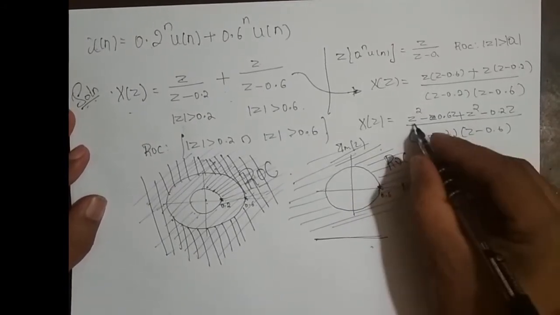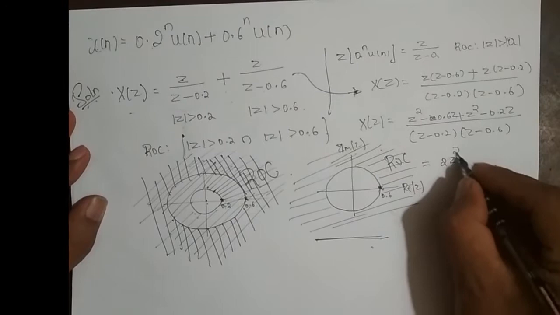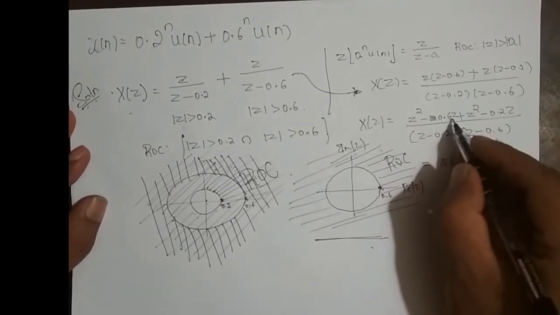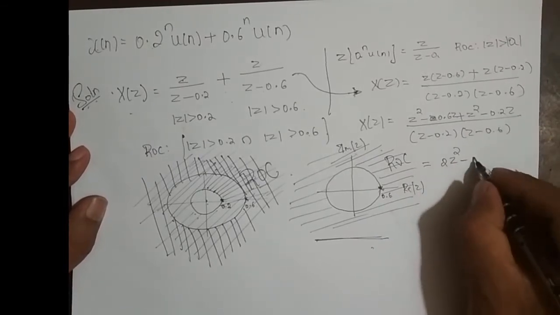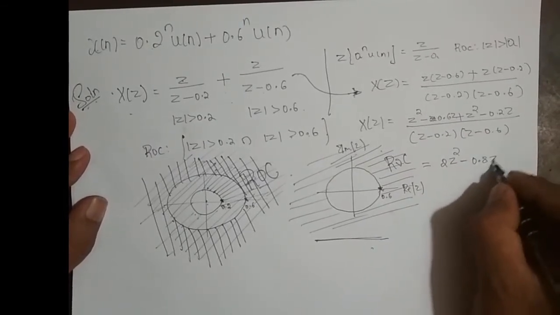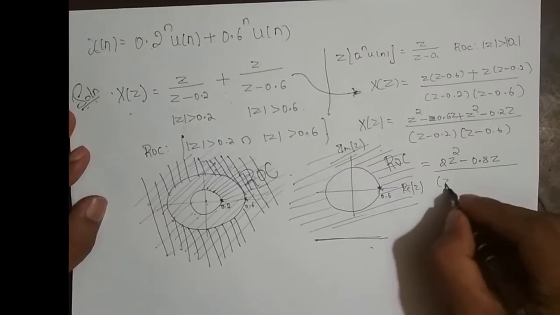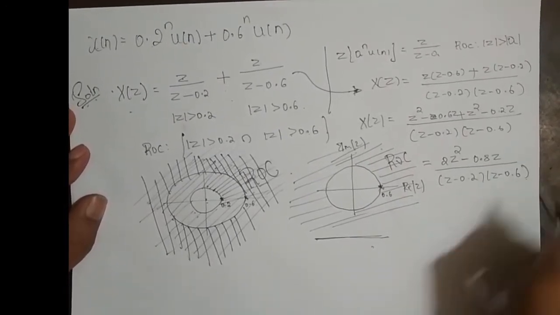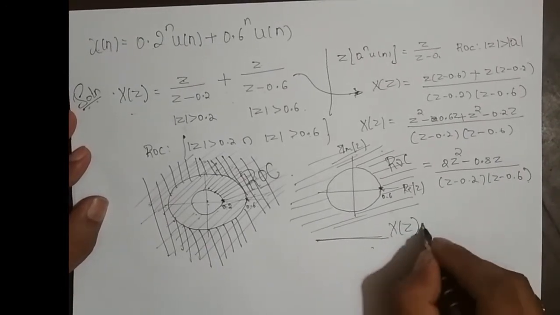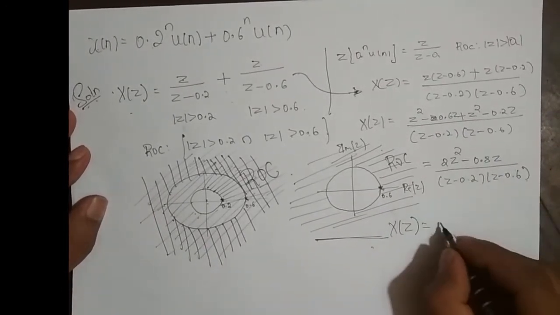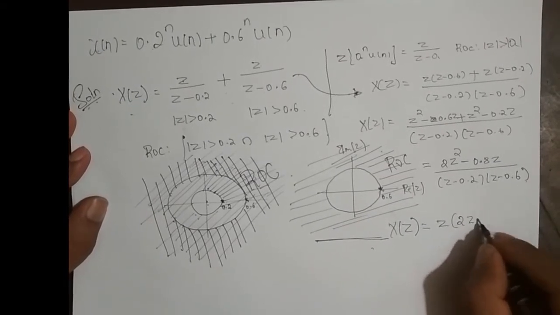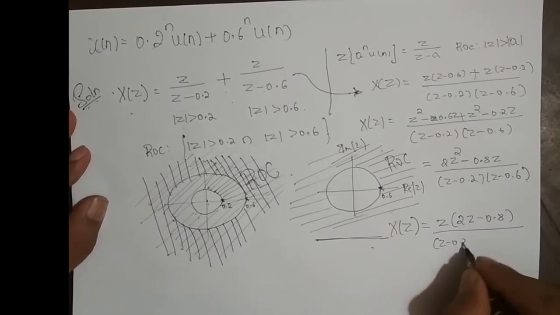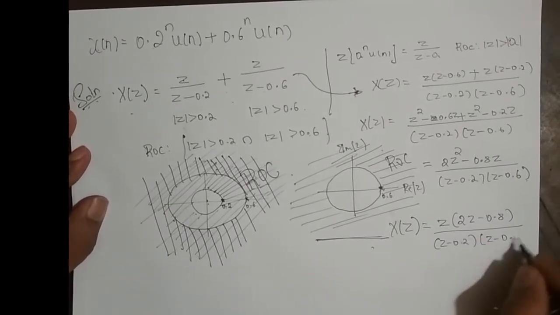This is equal to 2z squared minus 0.2z minus 0.6z, which is minus 0.8z, divided by z minus 0.2 into z minus 0.6. Fine. So X of z is equal to, taking z common, z into 2z minus 0.8 whole divided by z minus 0.2 into z minus 0.6.